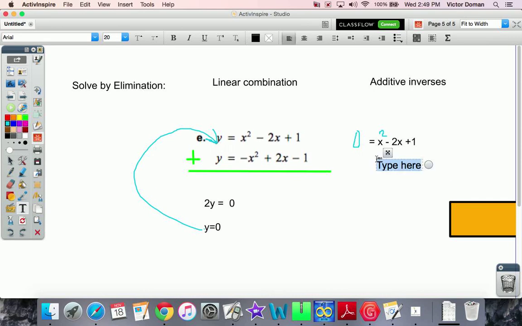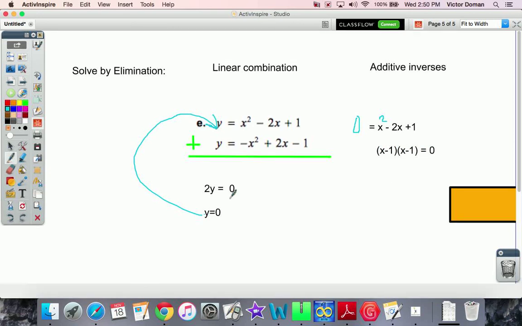I would transfer this into intercept form using factoring: x minus 1 times x minus 1 equals 0, so my x values are positive 1 and then positive 1 again. Those are the basics. We're going to talk more about them when you get back.